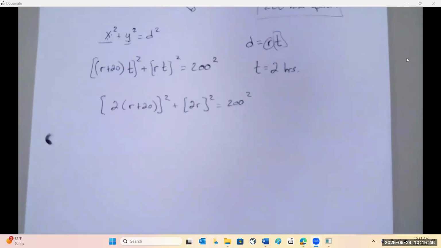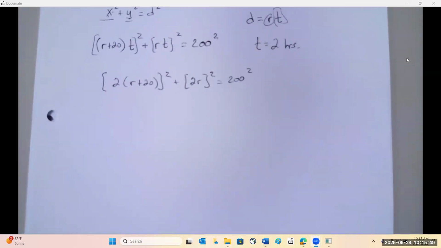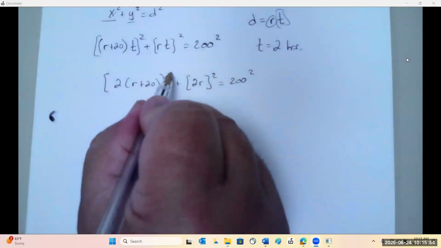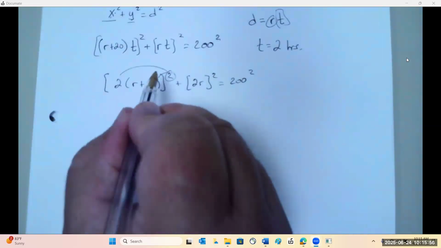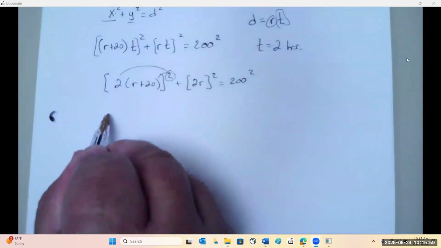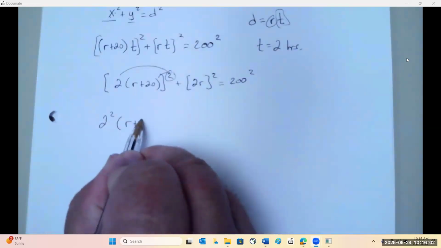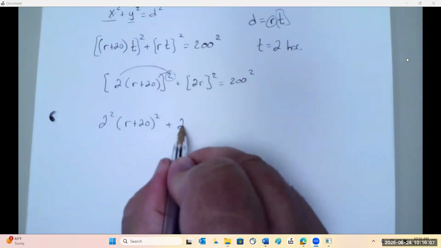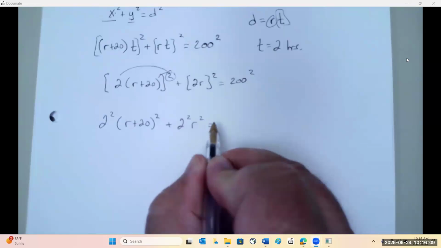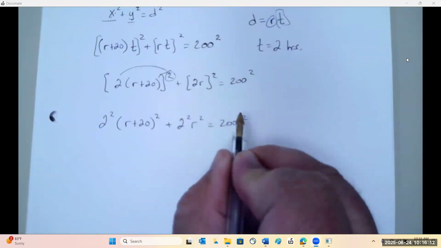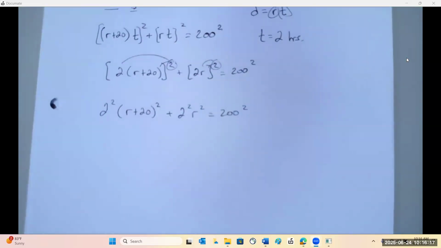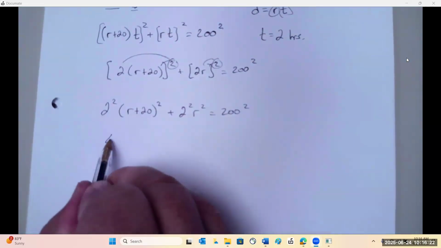Now comes the hard part. We have to take this and distribute it. So we have 2 squared times R plus 20 squared, plus 2 squared R squared, equals 200 squared. So far, so good. 2 squared is 4.